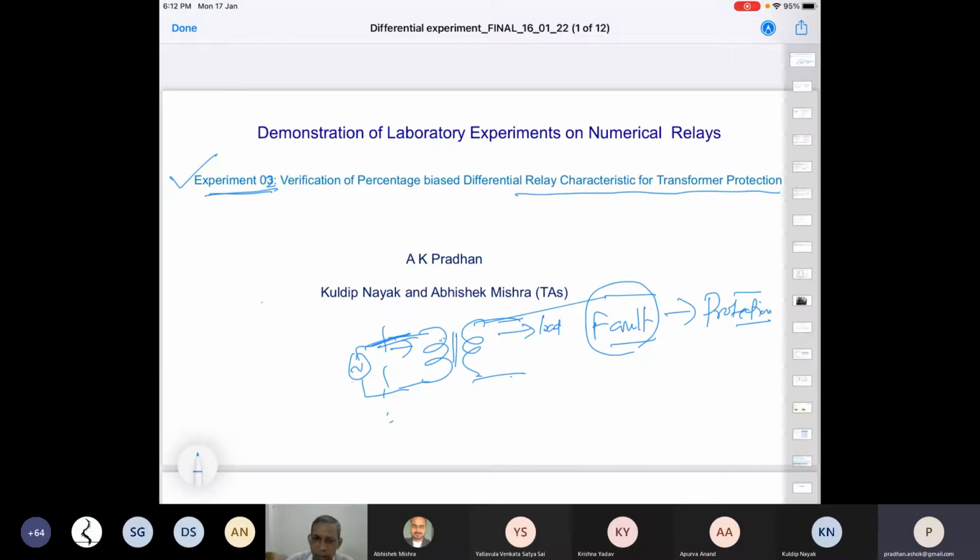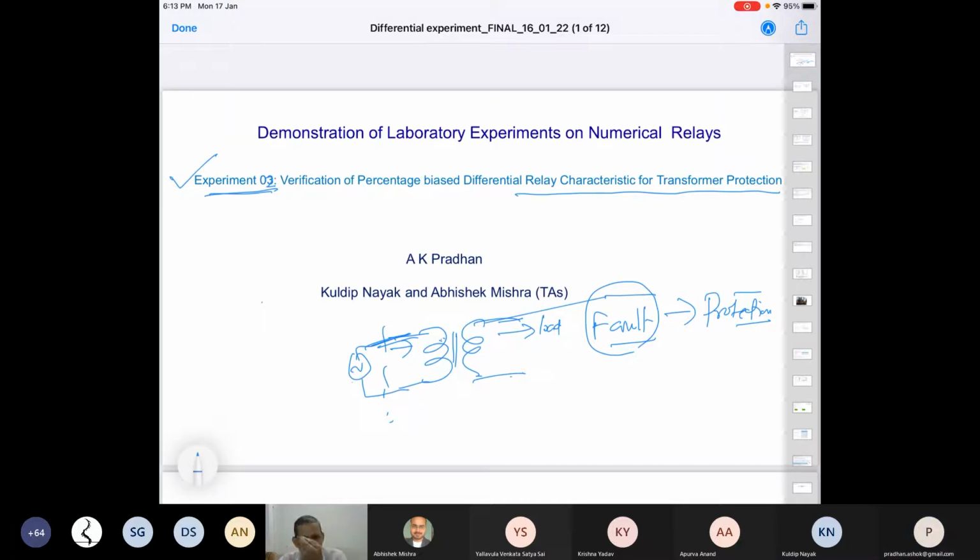We have lightning arresters, but still something may come through, or a lightning arrester may fail, and then the corresponding voltage will come to the transformer. So the insulation will be stressed, and there may be some minute punctures also.